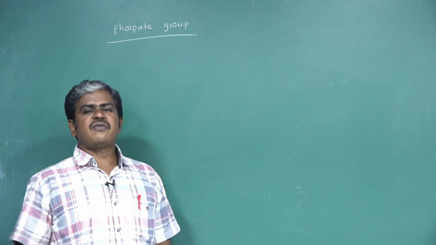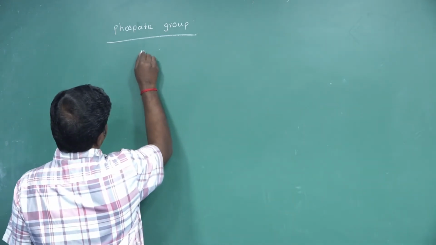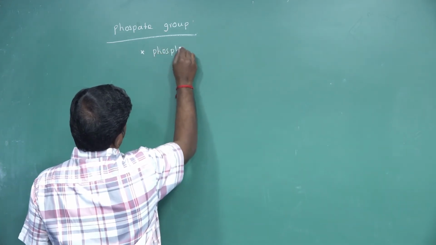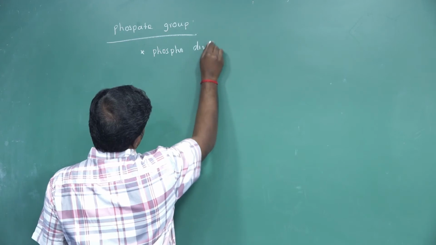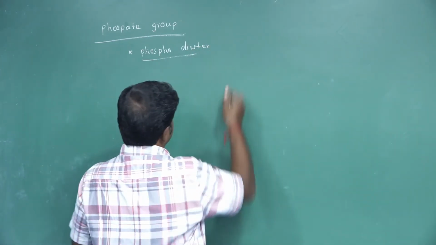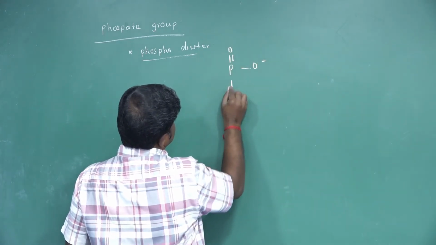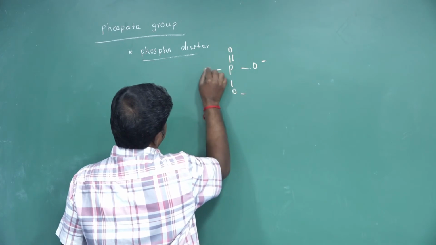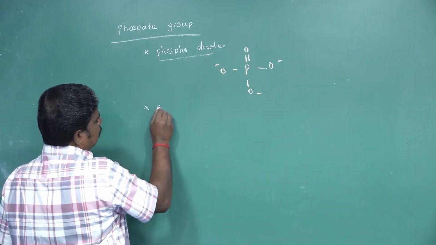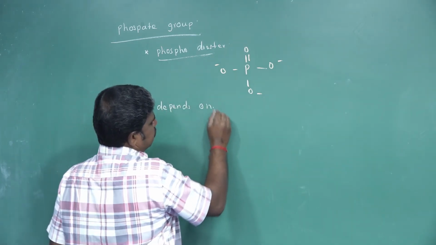Phosphoric acid forms a phosphodiester linkage, with phosphorus double bonded to O, and O minus, O minus, and O minus.